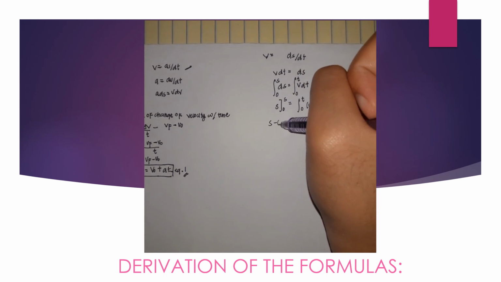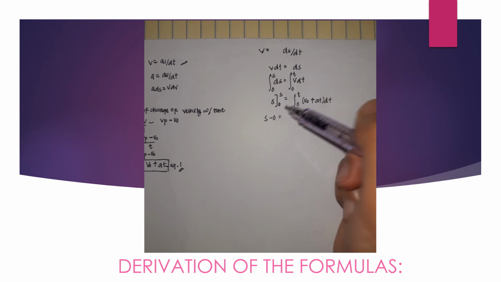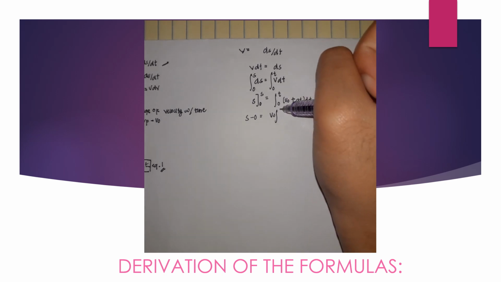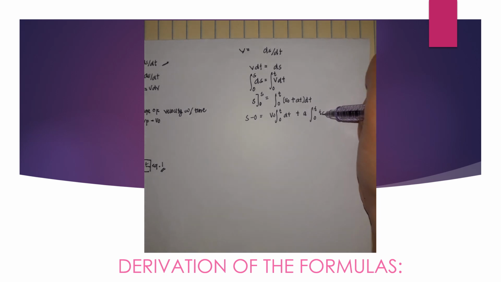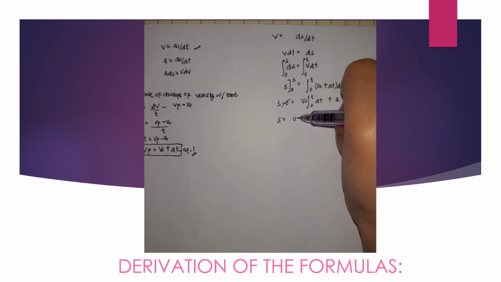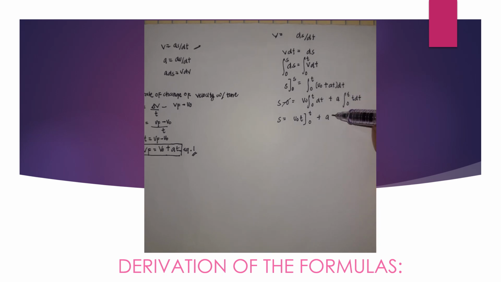Substituting the limits, s minus 0 gives us s. Solving, we have the integral of v initial dt plus the integral of at dt. The integral of dt is t, from 0 to t, plus a times the integral of t dt, which gives t squared over 2, from 0 to t.